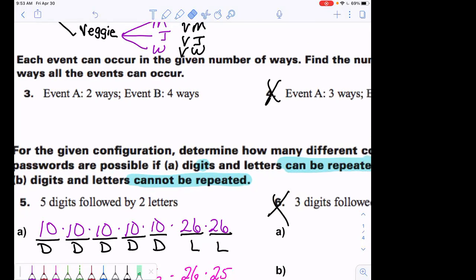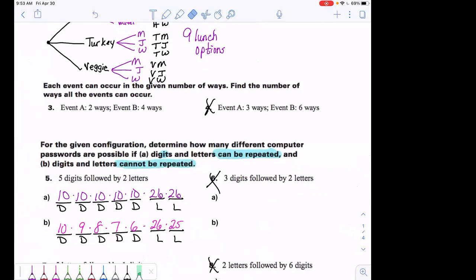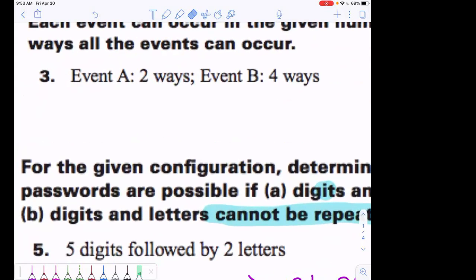So it says each event can occur in the given number of ways. Find the number of ways all the events can occur. Event A can happen in 2 ways. Event B can happen in 4 ways. So let's say event A is the number of lunch options, there are 2 of them.